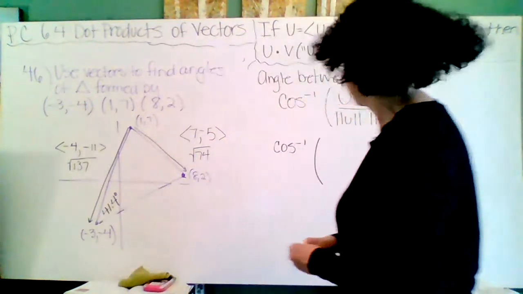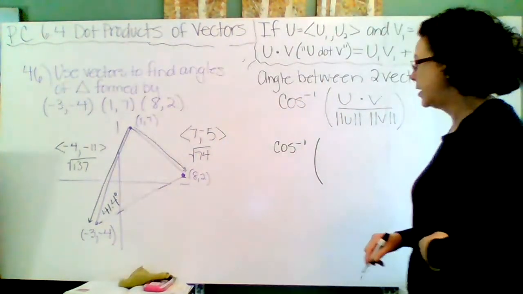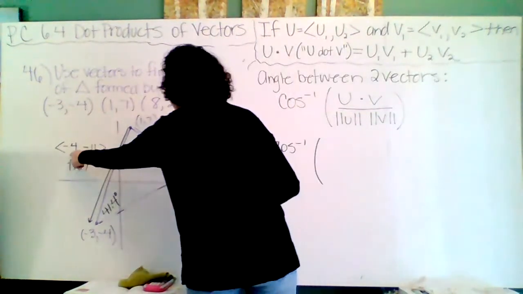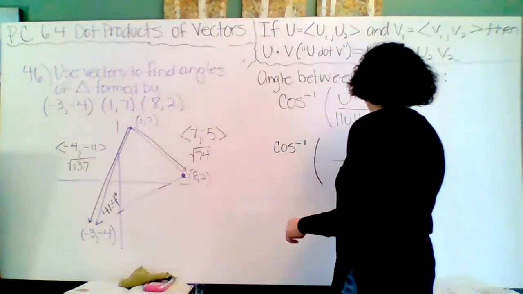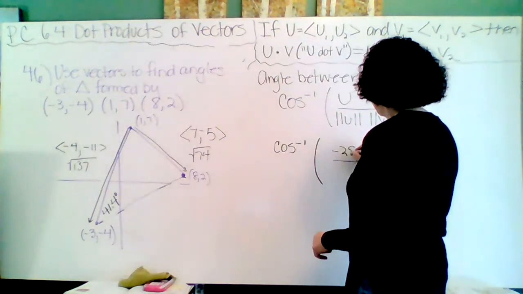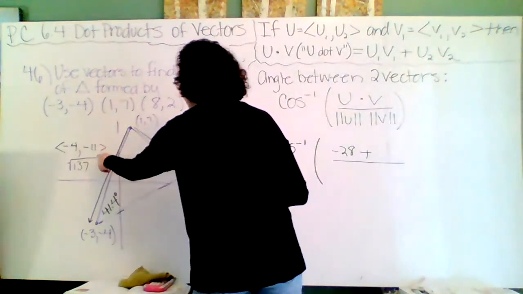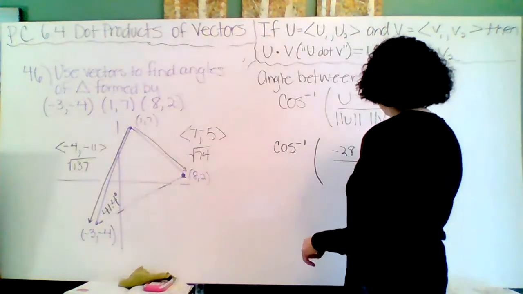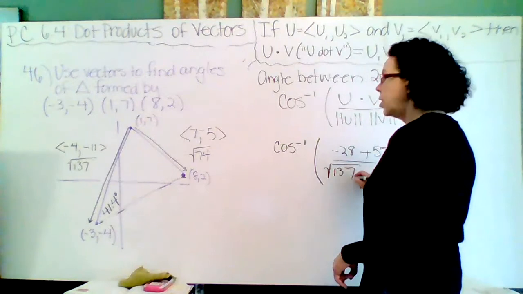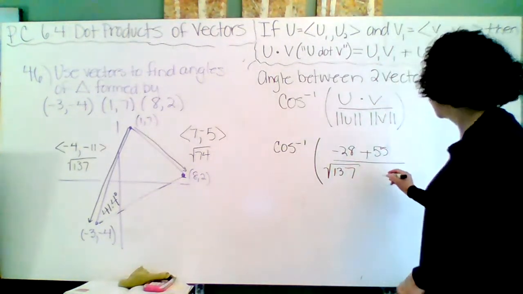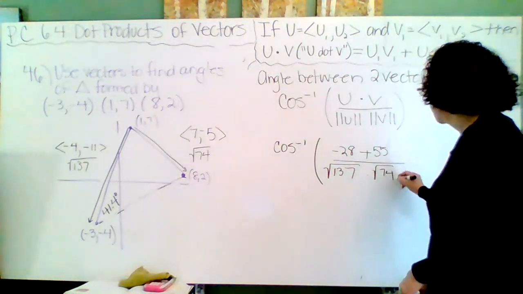All right, let's find the angle. The dot product would be -4 times -4 is 16... sorry, -4 times 7 is a -28, plus -11 times a -5 is a 55. And I will multiply the magnitudes, the square root of 137 and the square root of 74.